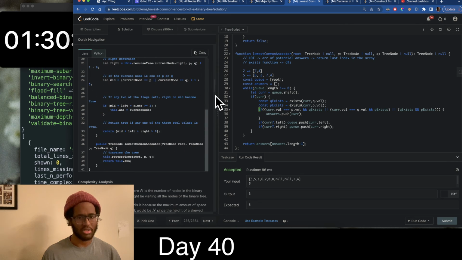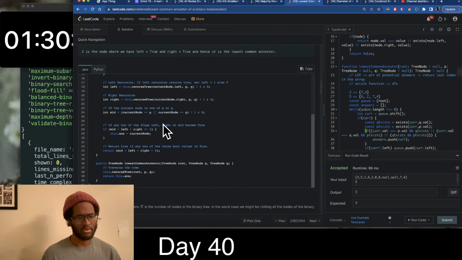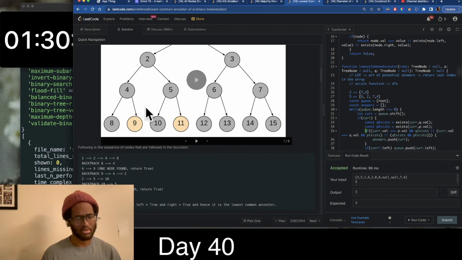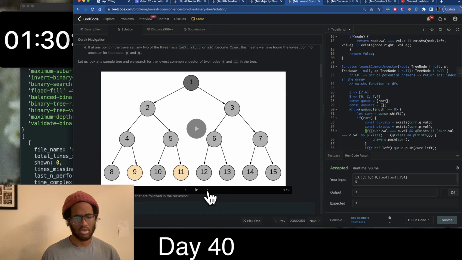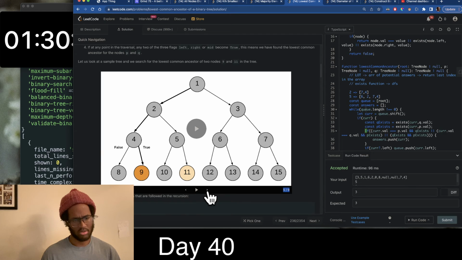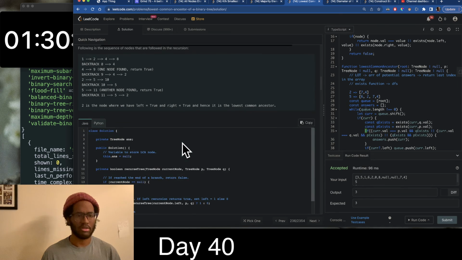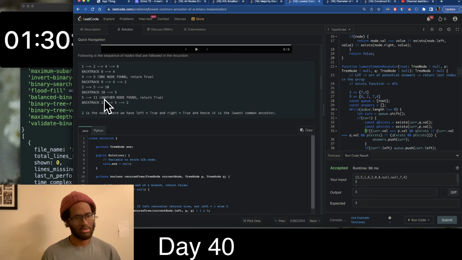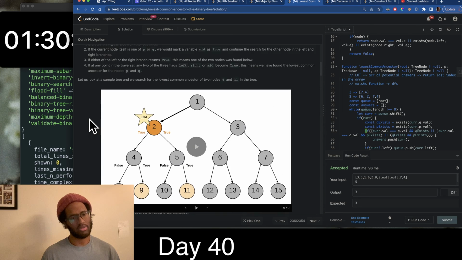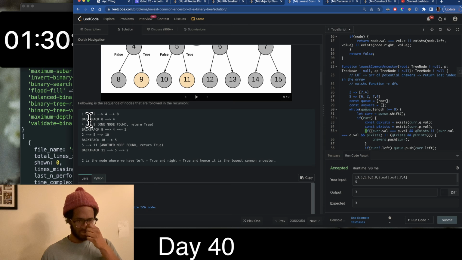So this version is linear time. 2, 4, 8, backtrack. Oh, no. 2 is where we have left equals true.